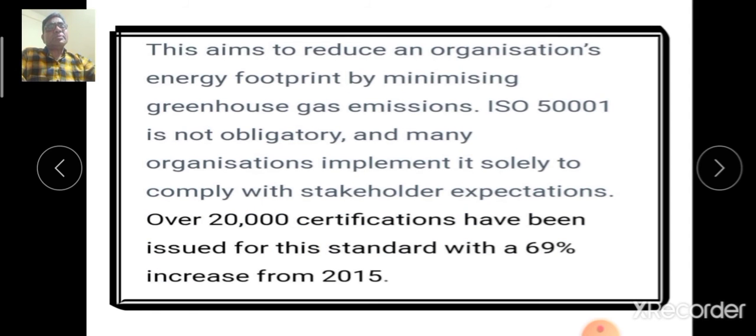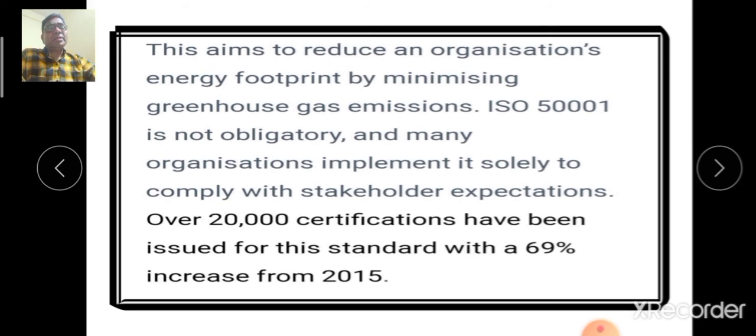And this aims to reduce an organization's energy footprint by minimizing greenhouse gas emissions. It is not obligatory, and many organizations implement it solely to comply with stakeholders' expectations.